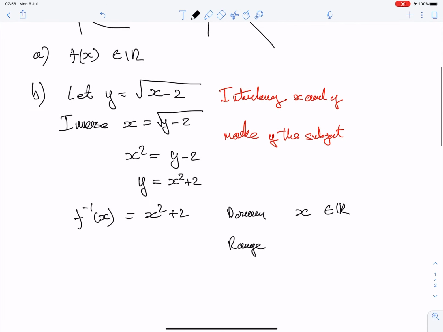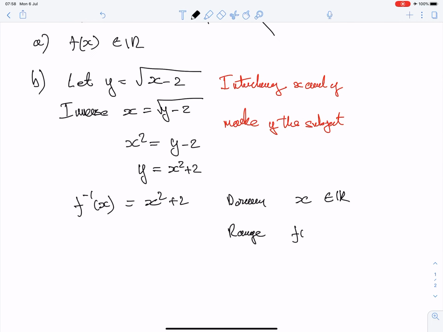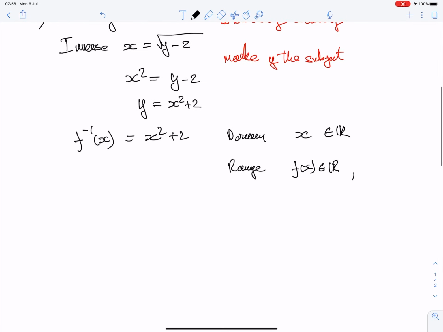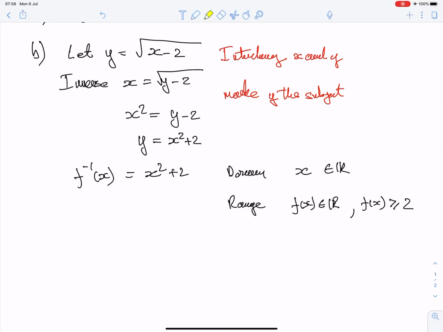So f of x is a member of the set of reals, and f of x is greater than or equal to 2. So we've matched the range of the inverse function.